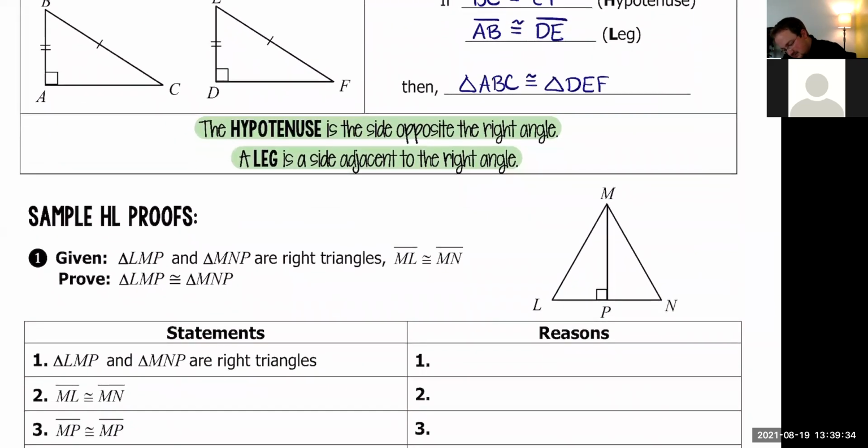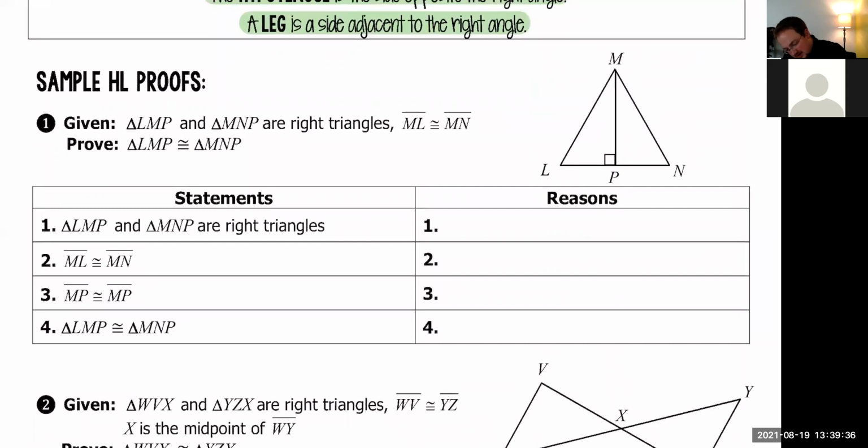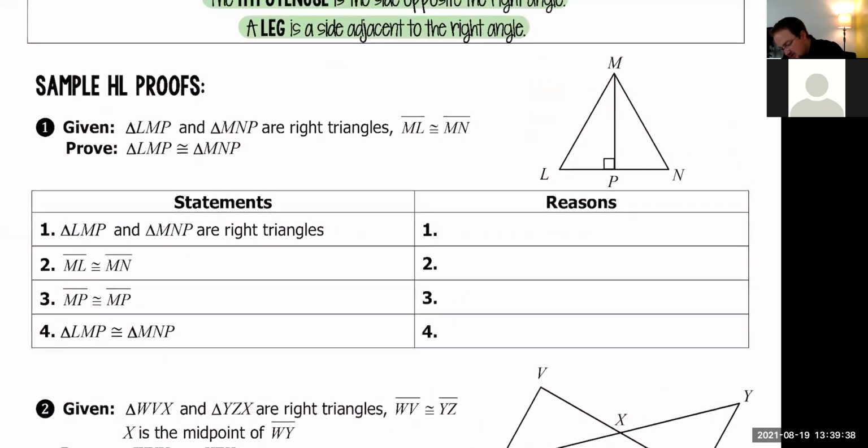All right. So using these two examples here, first one, statements are given to us. So we're just going to work our way through it, defending it. And then the last one for today, we're going to see it all the way through. So here we're given LMP and MNP are right triangles. That is significant because that means, okay, hypotenuse leg is allowed.